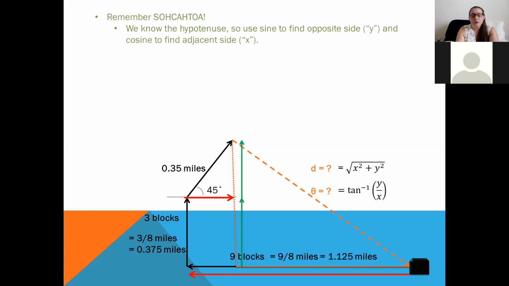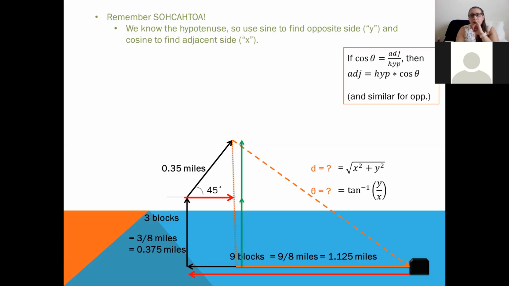Okay, so in order to find those components of that shortcut through the park, we have to remember SOHCAHTOA. We know the hypotenuse of that triangle is 0.35 miles. So we're going to use sine to find the opposite side, the y, the green component, and the cosine to find the adjacent side, or the x, the red component.